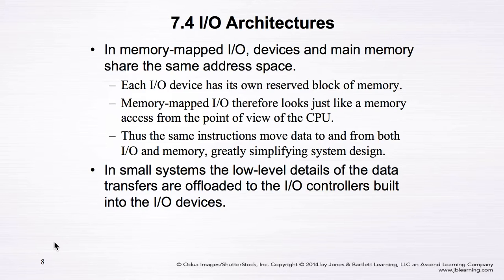So in a small system, the low-level detail of the data transfer is offloaded to the I/O controller and just built into the I/O devices, and that significantly reduces the task of the main CPU.